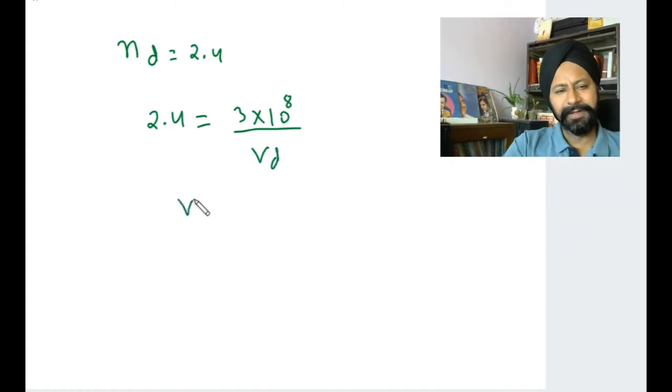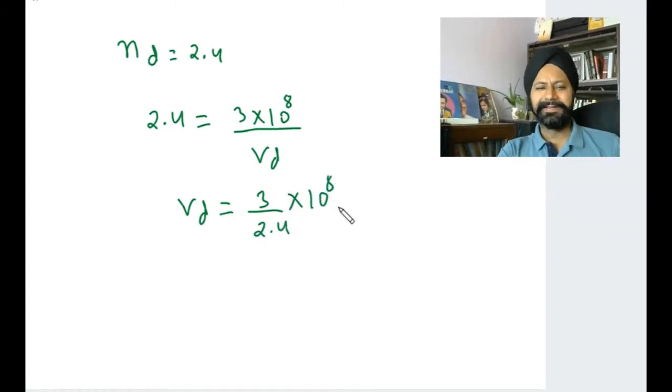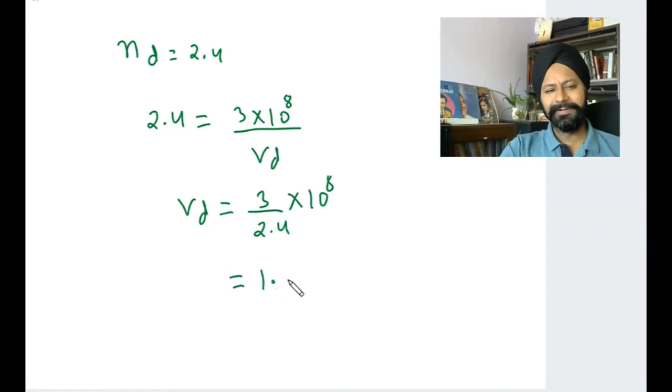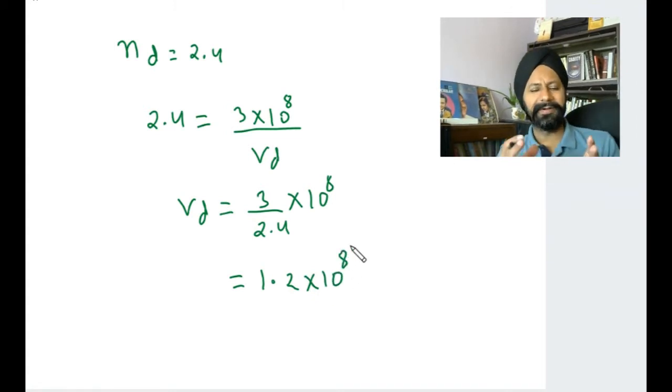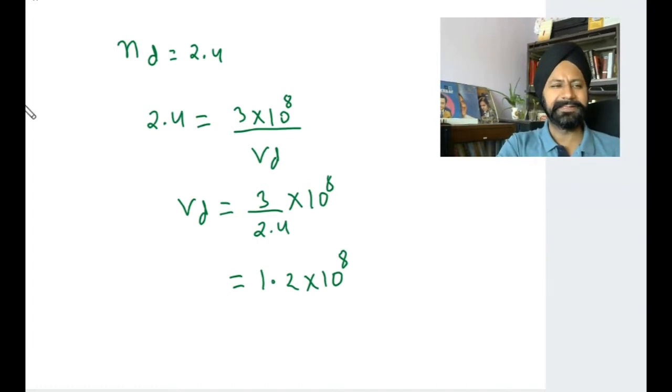So the velocity in diamond is 3 over 2.4 times 10 to the power 8 meters per second. So that is 6 over 5, that is 1.2 times 10 to the power 8. See how slow the light is in diamond. Diamond has a very low speed of light, and that is why the refractive index is so much more.